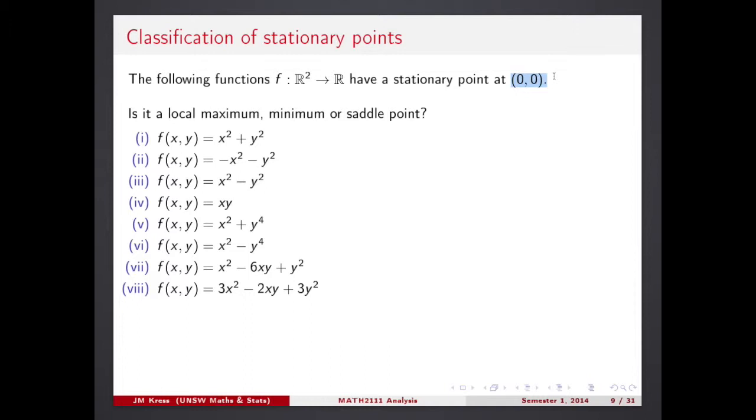And saddle point means that near the origin, at any distance, no matter how close, you can find both values lower and greater than the value at the origin. The value at the origin itself, by the way, is 0 all the time, right? Every function in this list at 0, 0 has value 0.